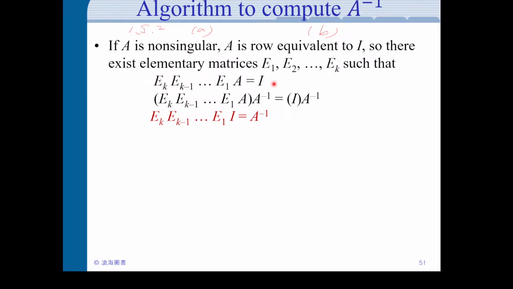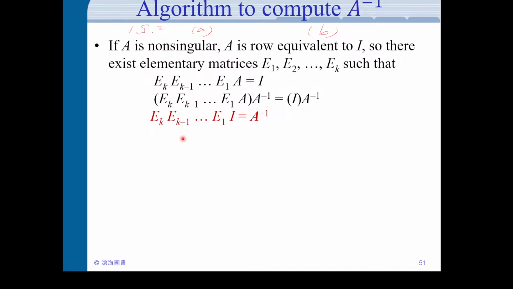Okay, and we work on this a little bit, and so we know this E_k to E_1 is A inverse, but now we do an interesting expression. So we multiply A inverse on both sides, and we see that this thing multiplied on identity equals A inverse. This is a bit trivial, but we want this expression because we want a different interpretation here.